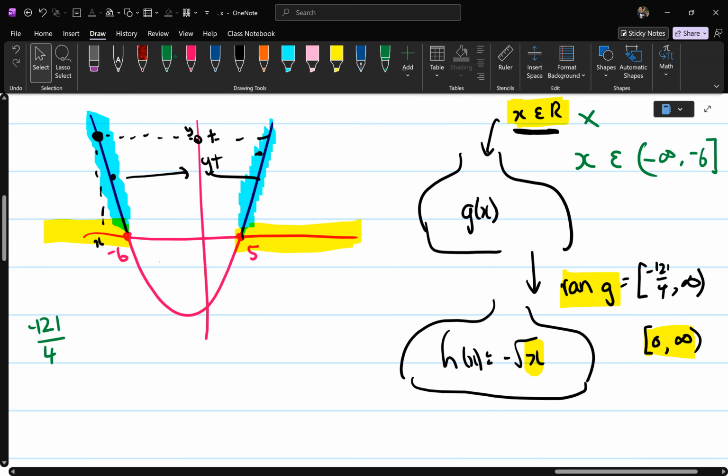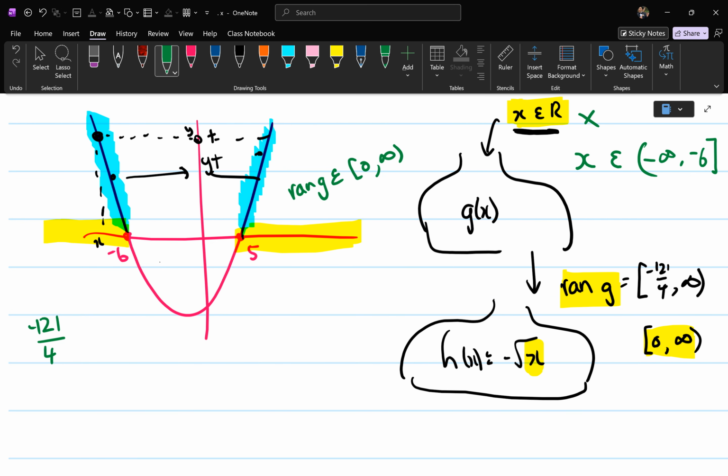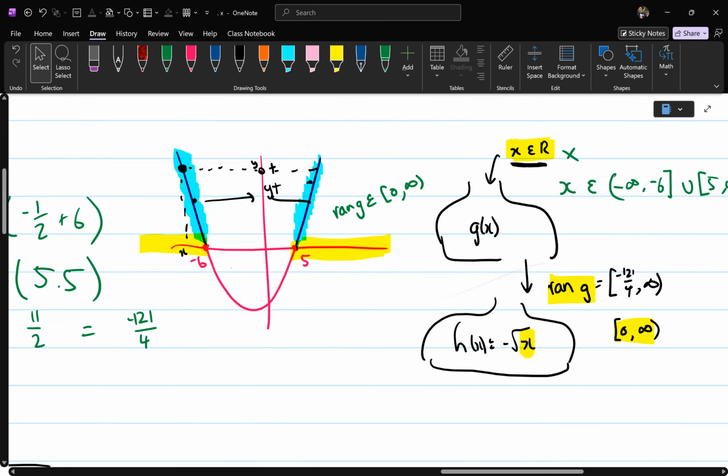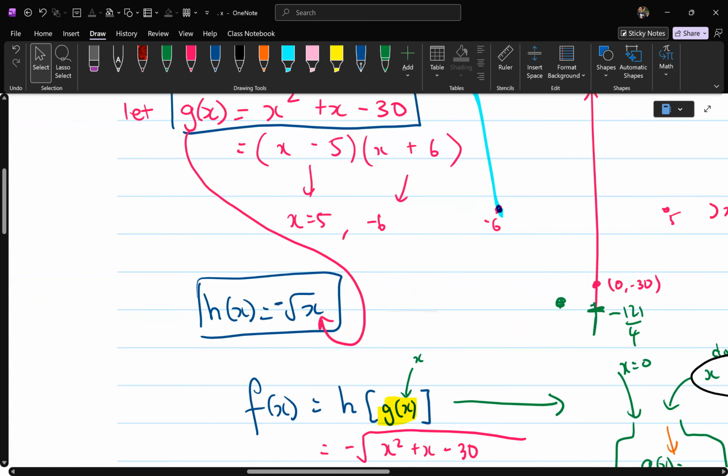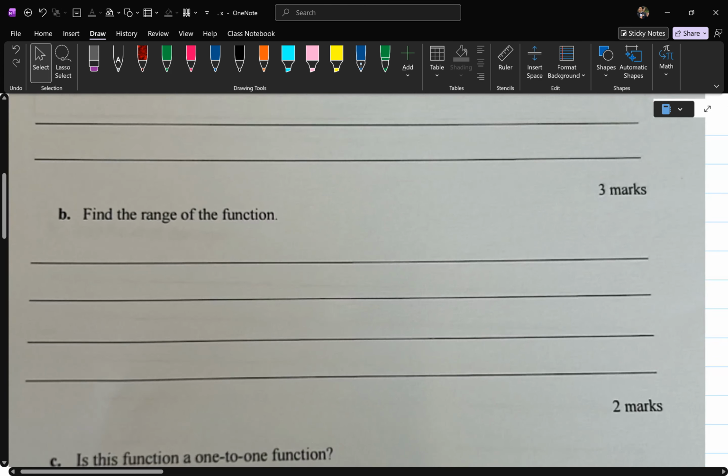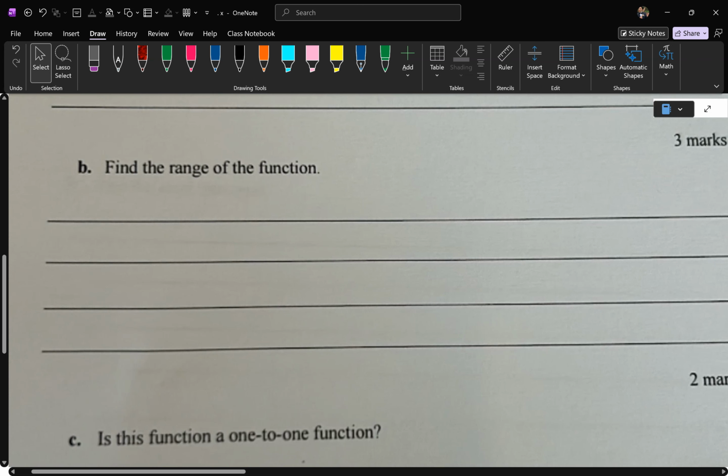That will guarantee that the range of g will be from 0 to infinity. So if you choose any numbers greater than 5 or less than negative 6, you'll guarantee that the y values will be positive. Then afterwards, in part B, how do you know the range of the function, given that you don't even know what the graph looks like?